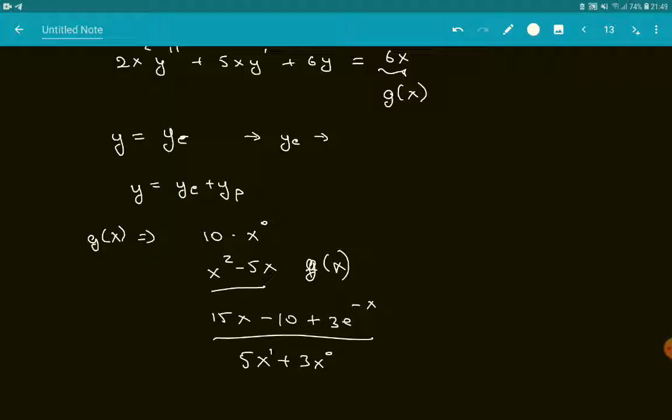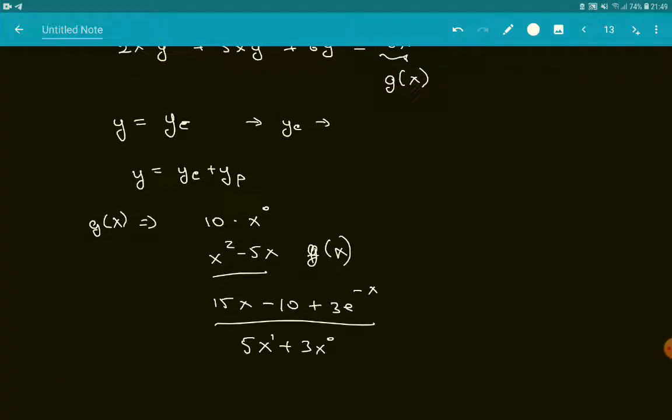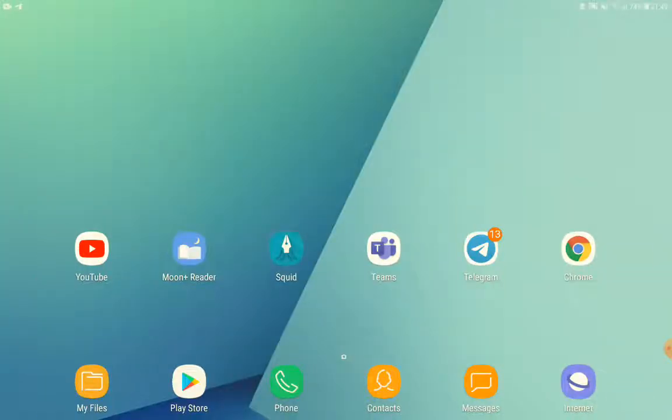When we move on, the form of yp, which we need to know, will be in the form of some given answer.